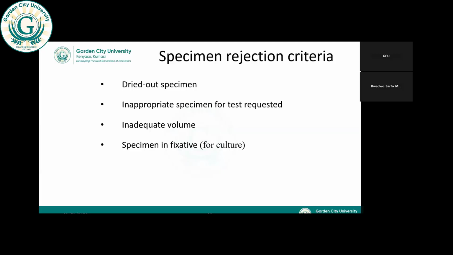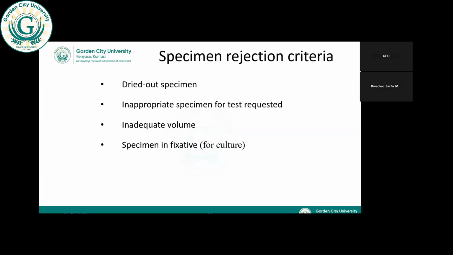Inappropriate specimen for the test requested. For a malaria test, if urine is collected, it's an inappropriate specimen, so it should be rejected. Inadequate volume. In some cases, there could be an emergency, so inadequate volume could be accepted. But it should be taken into consideration the condition under which these inadequate specimens were collected.